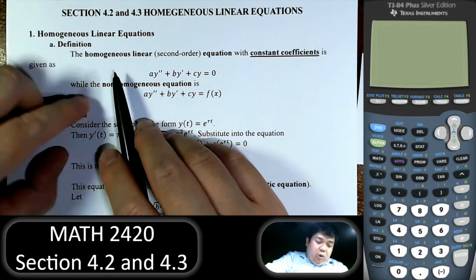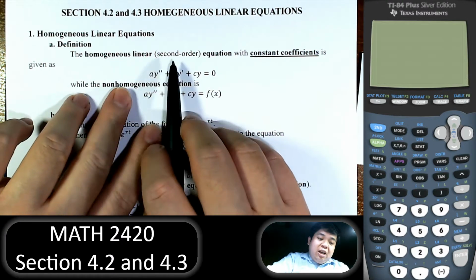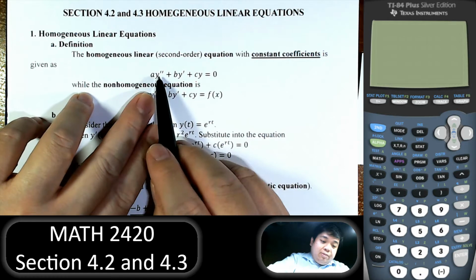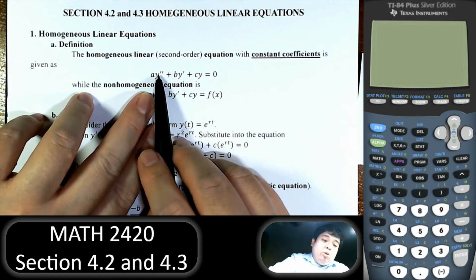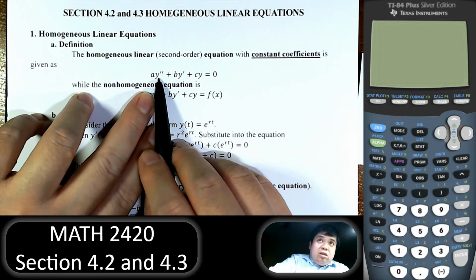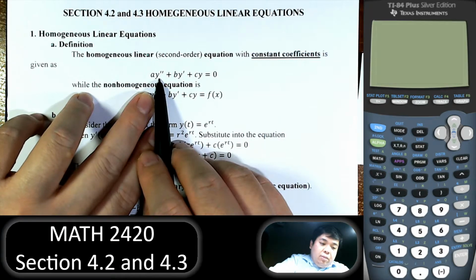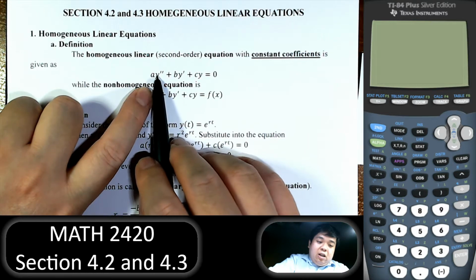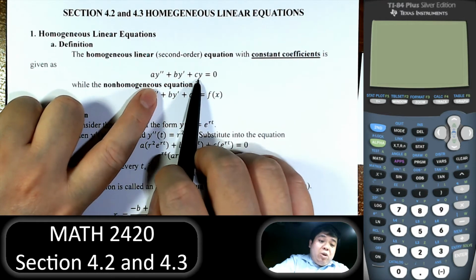So in this case, we focus on the homogeneous linear second order equation. First of all, second order means the highest order derivative is the second derivative. It is linear because the derivatives and the function do not get raised to any power.